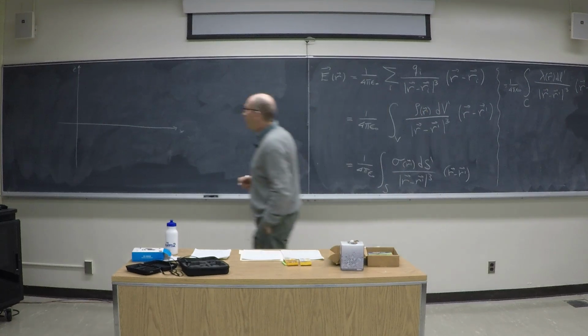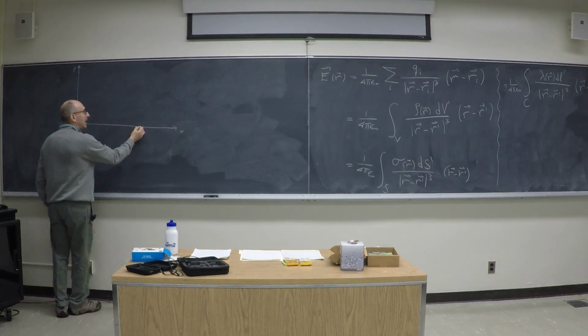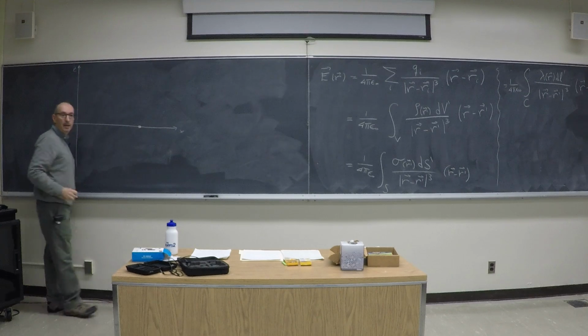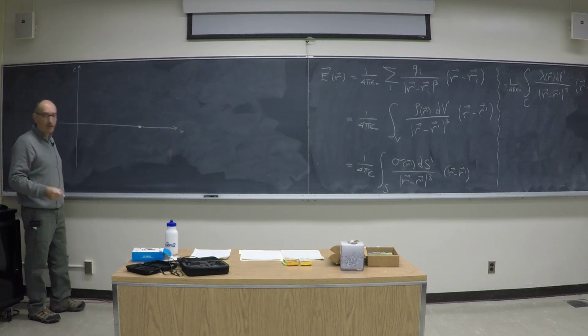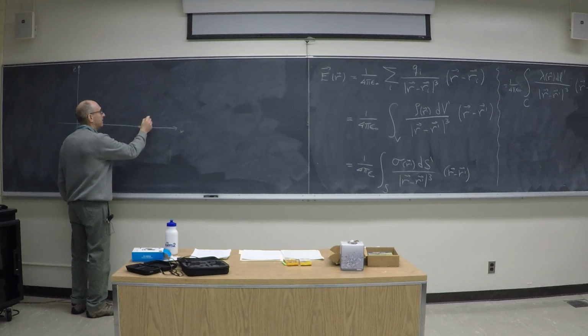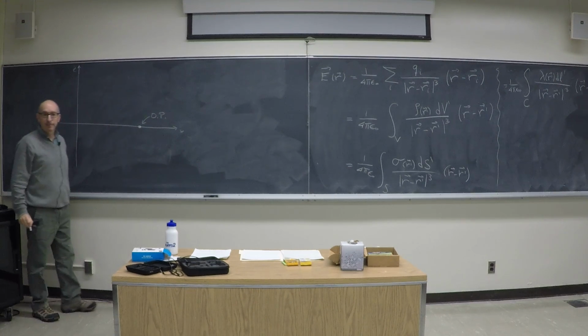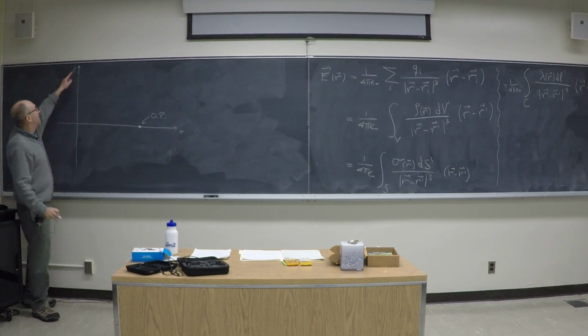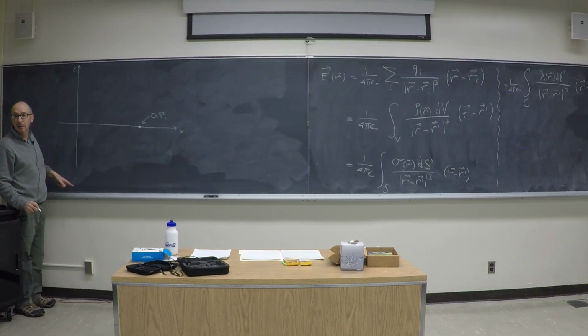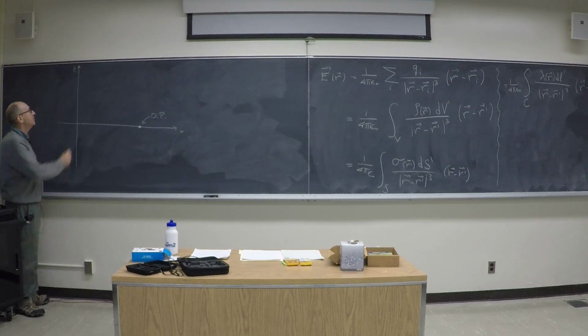So for that reason, we are going to take the observation point here, the test, the probe, the observation point, whatever you want to call it, there, and this line is going to be our source. So basically any point on that line is going to be a source.